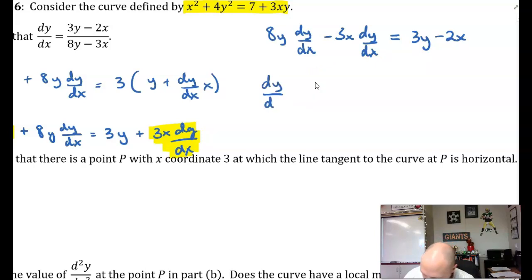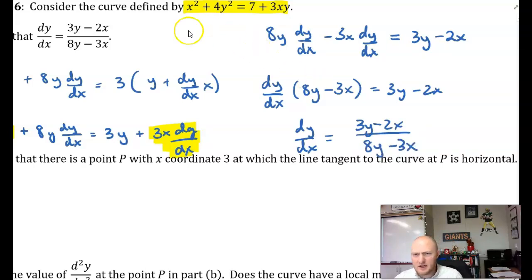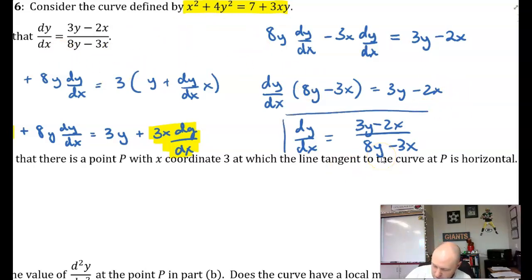So we have dy/dx times (8y minus 3x) is equal to 3y minus 2x. Then I divide, so dy/dx is equal to (3y minus 2x) divided by (8y minus 3x). And we have shown it. Does it match? It does. So there is the first derivative.